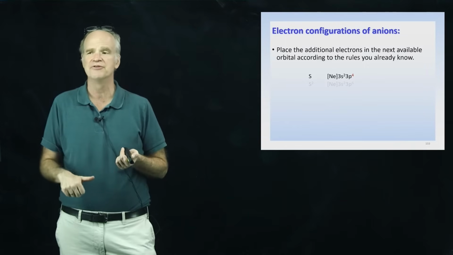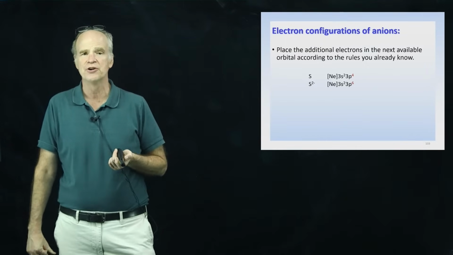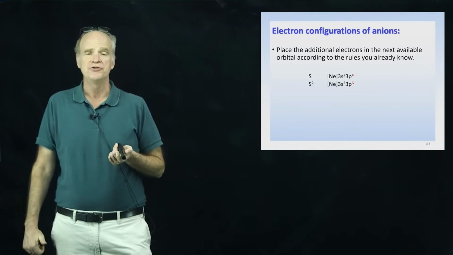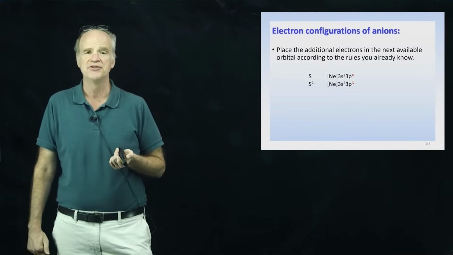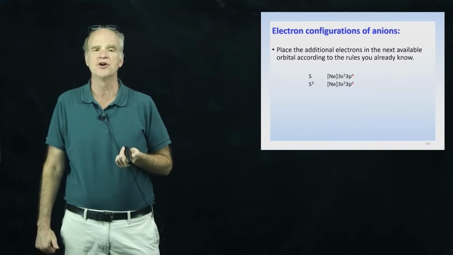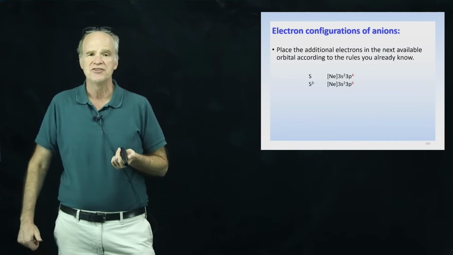But how about the configuration for the sulfur anion? This would be sulfur -2, so we have to put those 2 extra electrons into the configuration. They pretty much go where we would expect them. In sulfur's configuration, we have 4 electrons in the p sublevel.